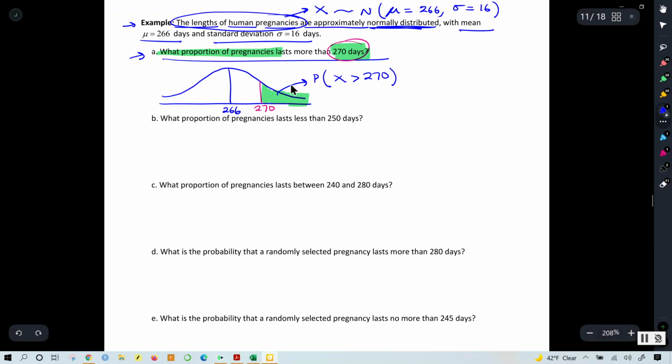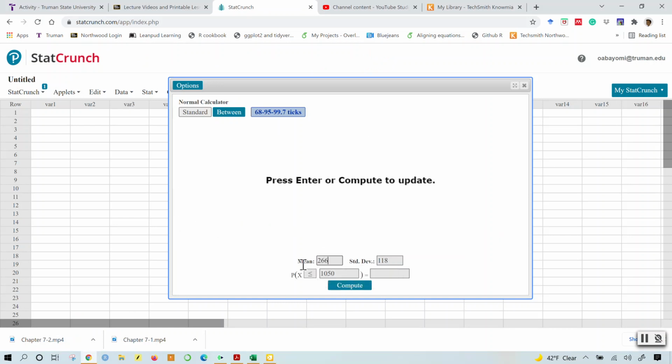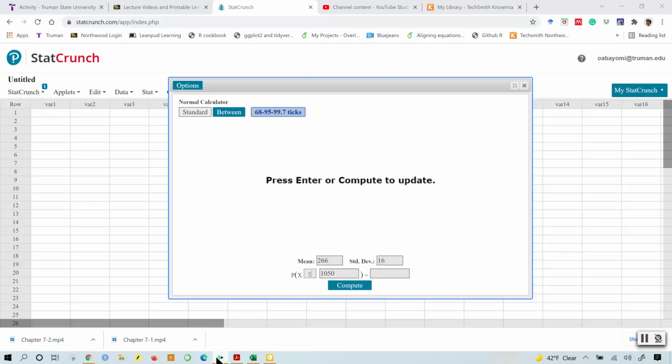In this case, I will go back to StatCrunch. I need to put in these parameters: 266 and 16. And I'm interested, based on the interpretation of the problem, in greater than or equal to 270.